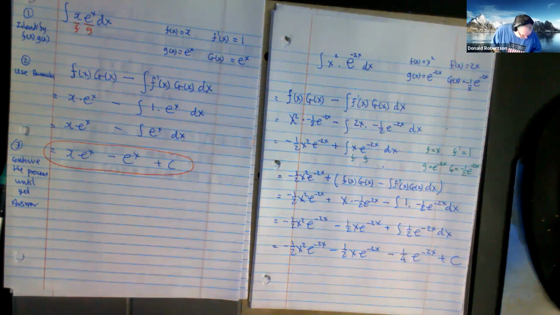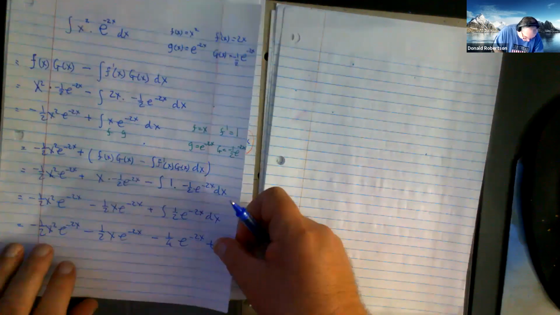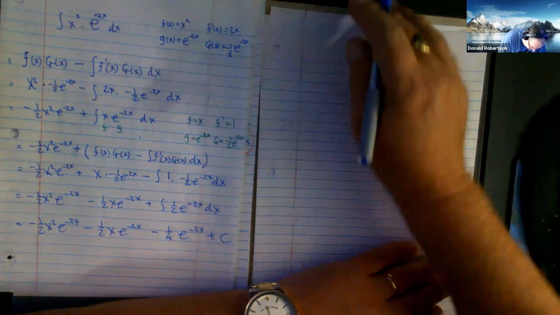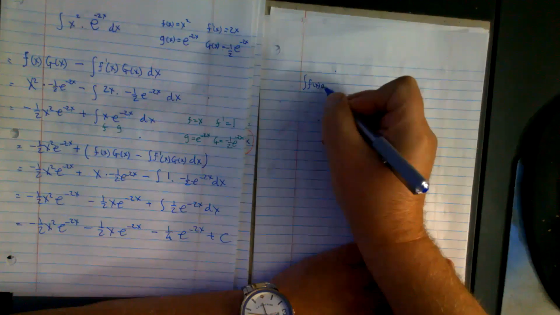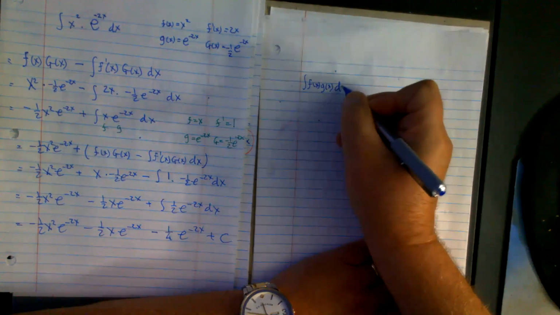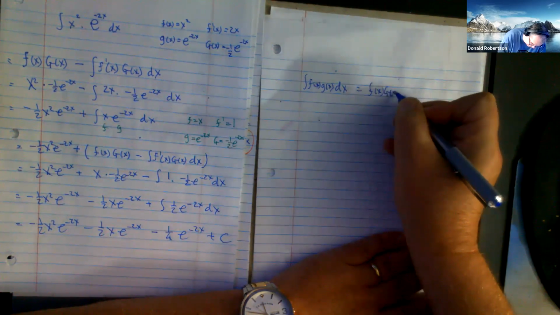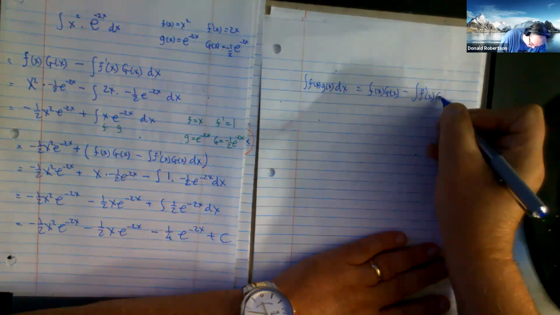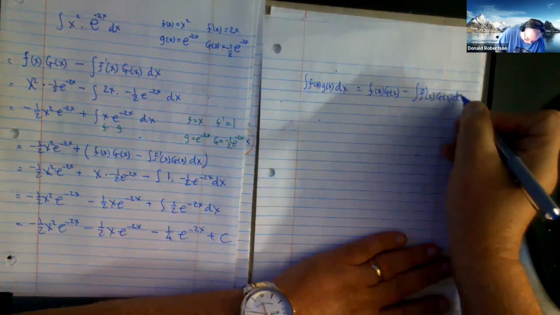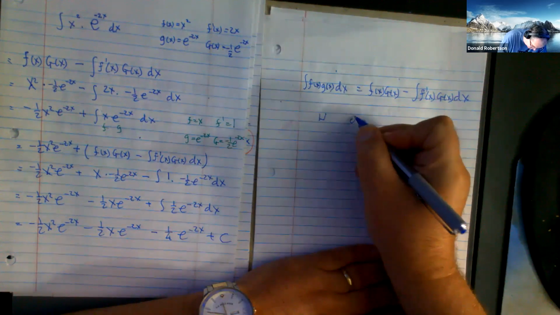Now, next thing is a side issue, but it's going to be important. When I do the integration by parts, the way I teach it is by this formula, as you know. There is another method called the UDV method.